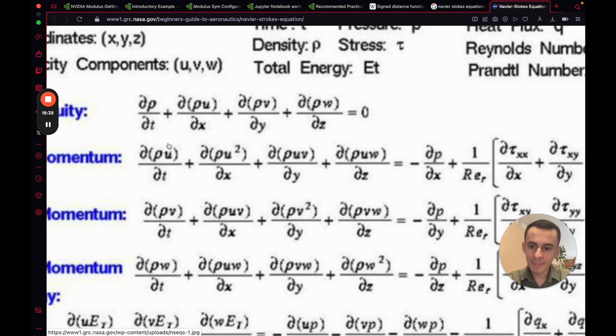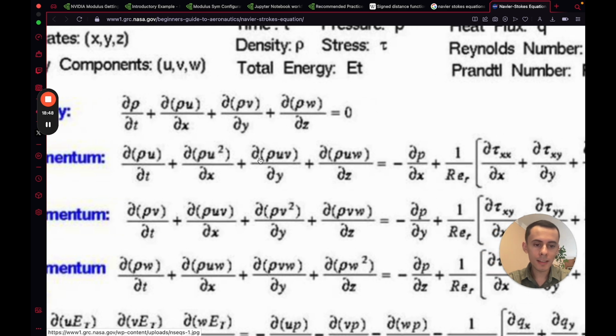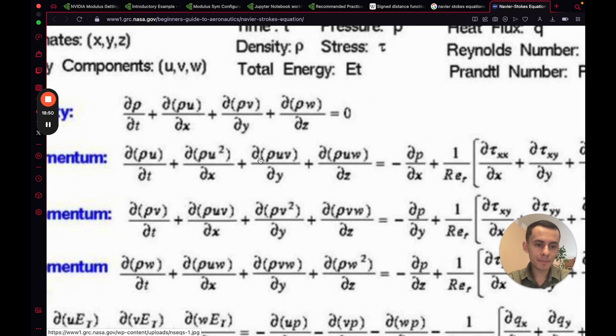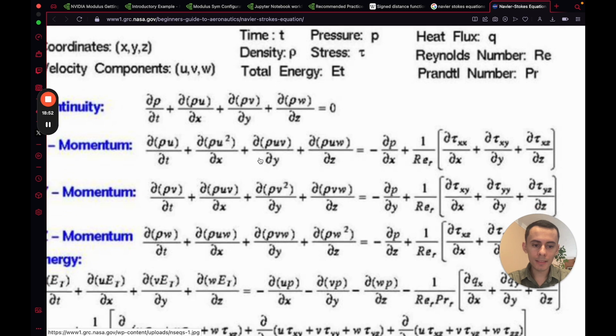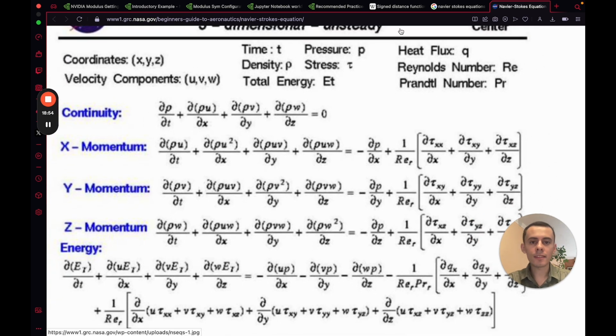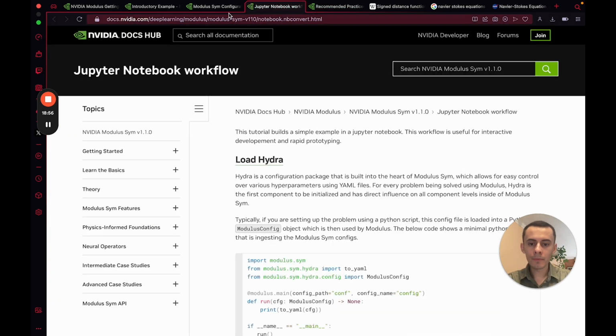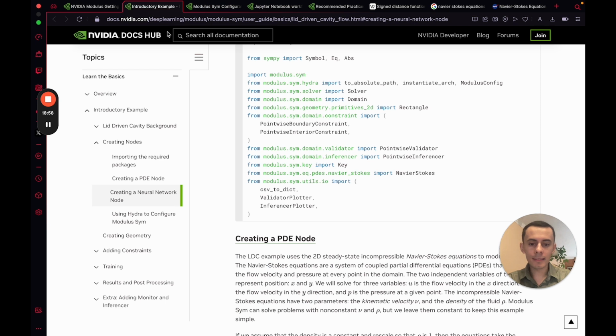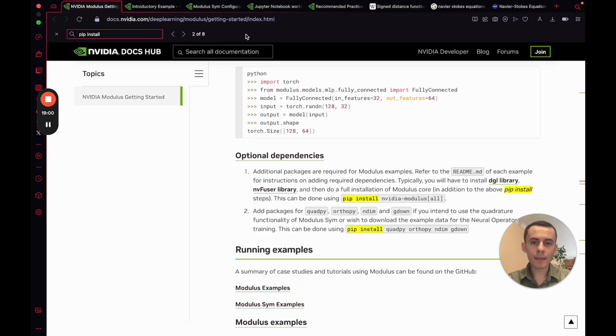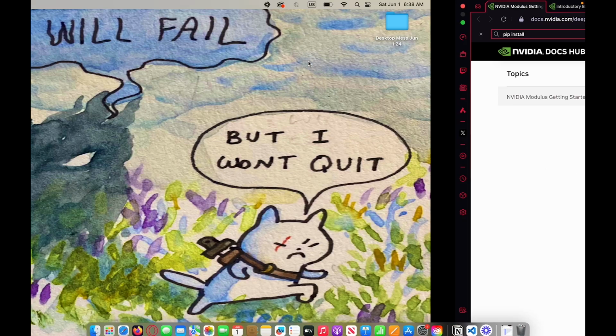But this term is not relevant because we're not dealing with time in the problem we're working on. The density is 1 in the problem we're working on. And then we have the viscosity coefficient, which is nu. But these are details that you may be familiar with, and I'm not going to be talking about so thoroughly.